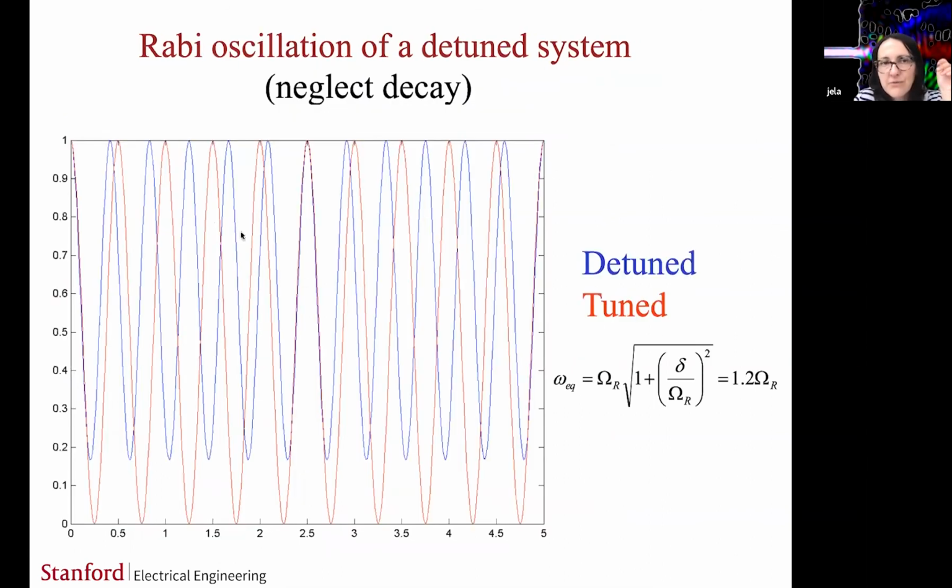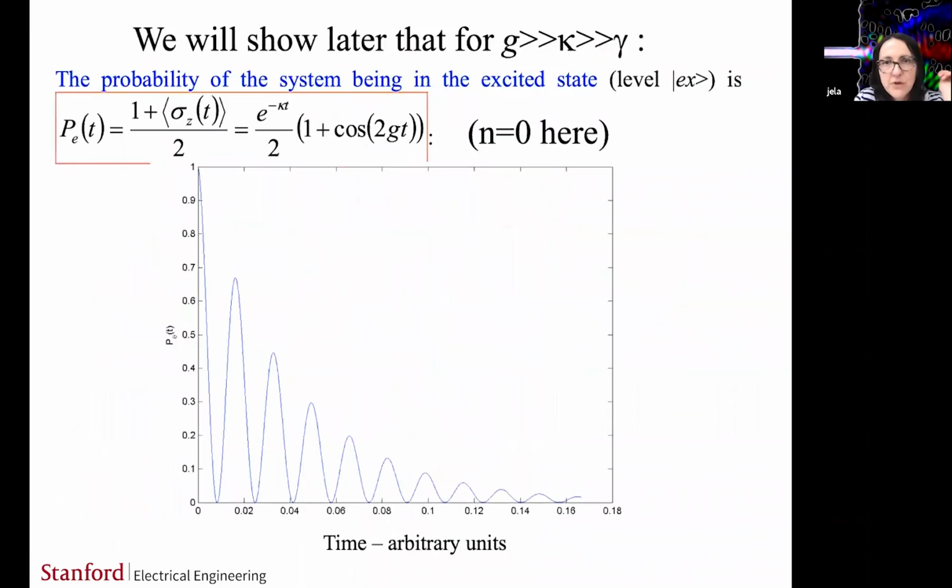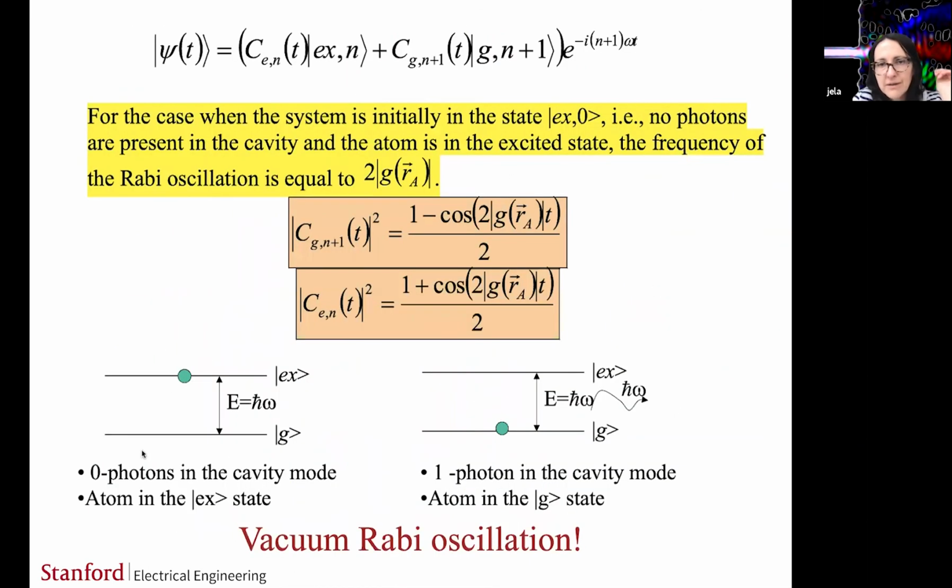It is also different. For the tuned system, you perfectly oscillate between probability 0 and probability 1 of having the system in the excited state. For the detuned system, it will not go perfectly to 0 if you start with 1. We'll see that later, but you can still solve the system. Okay, so next time we'll go here, vacuum Rabi oscillation, and pick up from here.